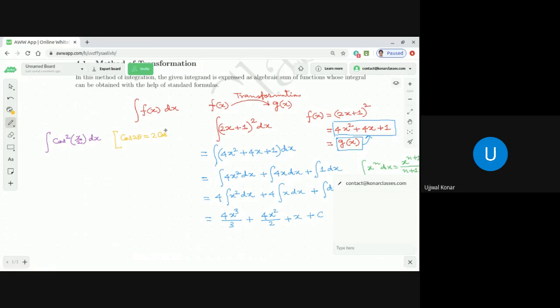Really appreciate. So now, if we apply this formula, from here we can write that cos square theta is equal to 1 by 2 into 1 plus cos 2 theta.